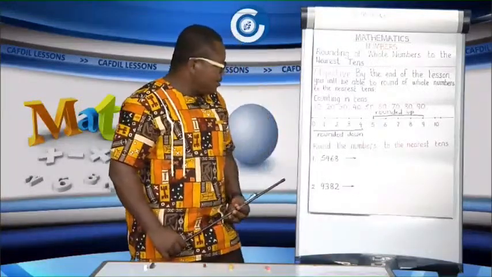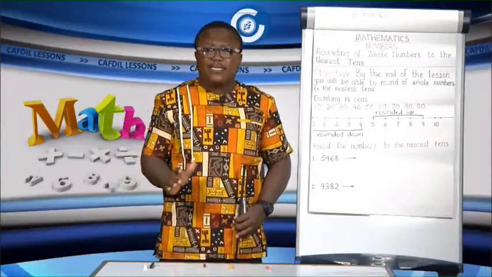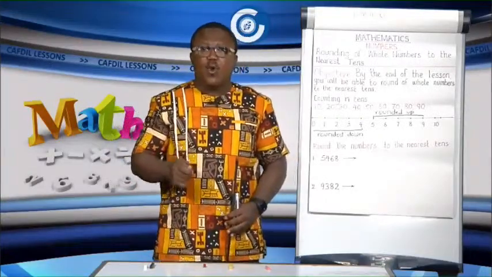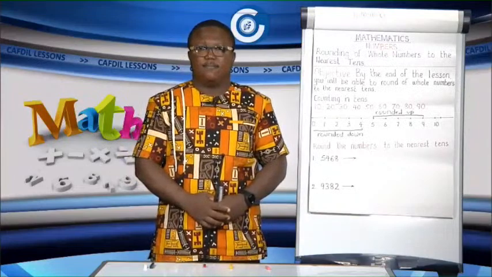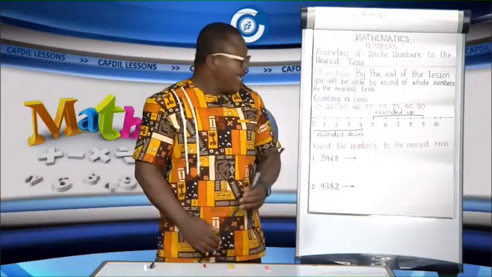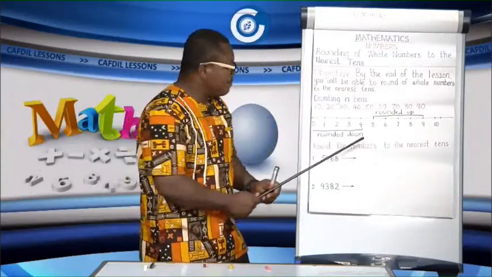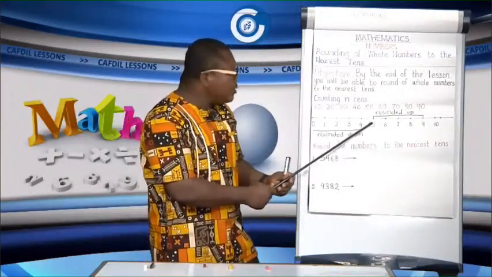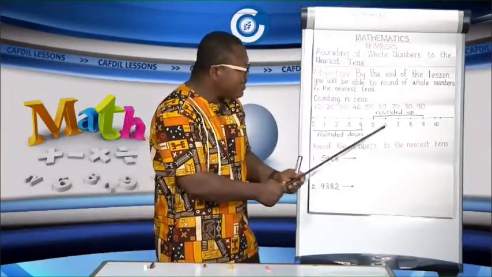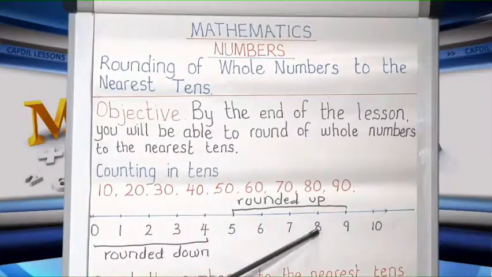So learners, when we want to round off numbers to the nearest 10, we consider the ones. If you see the ones to be 5, 6, 7, 8, and then 9, then it means that we are going to round it up.